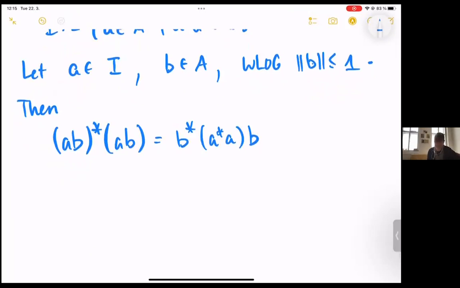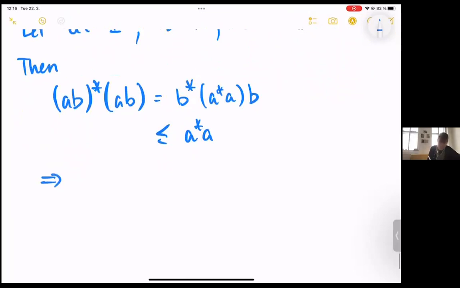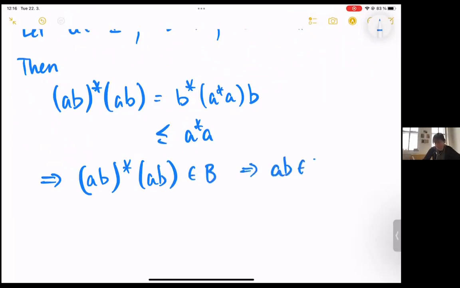Since b has norm at most 1, this is less than or equal to a star a. So since big B is hereditary, we see that (ab) star ab is in B, which by definition means that ab is in I. So I is an ideal, a left ideal.